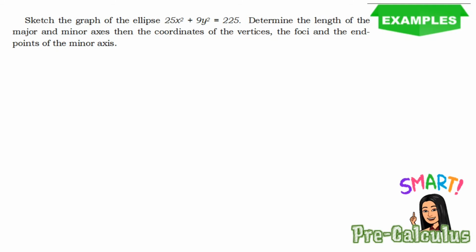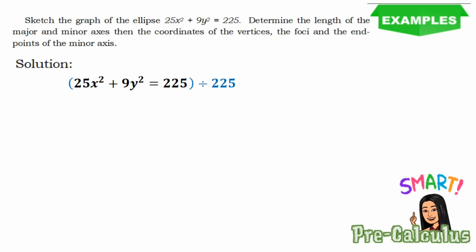So for our example number 2, we will be getting the general form of equation. If you notice, naka-general form siya. So for us to get the value of the foci, the vertex, the vertices, the co-vertices, we need first to transform this general form of equation into its standard form. So, paano siya?